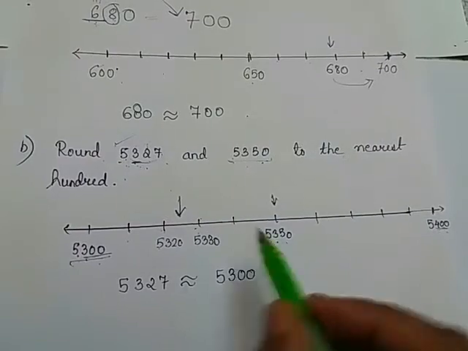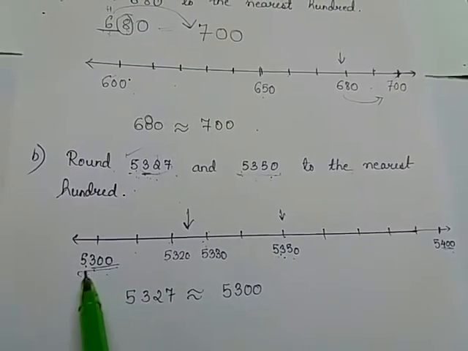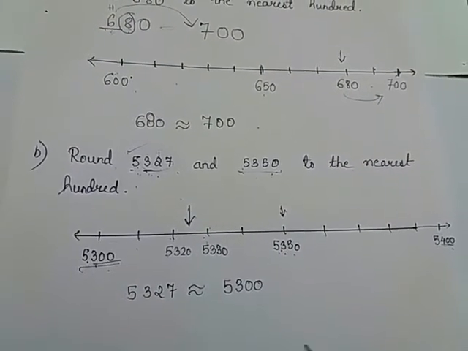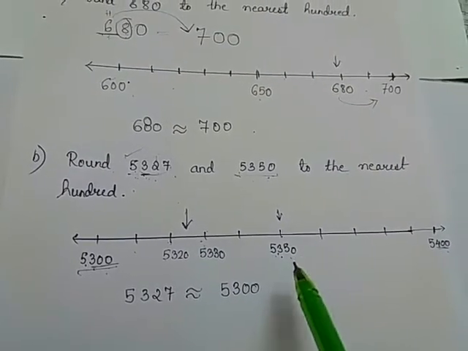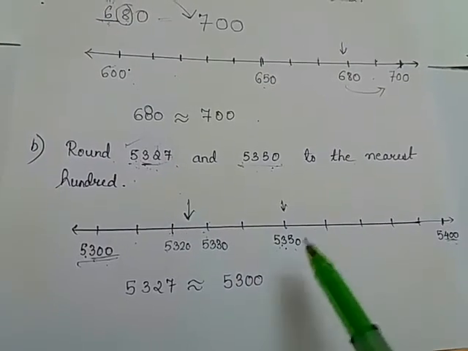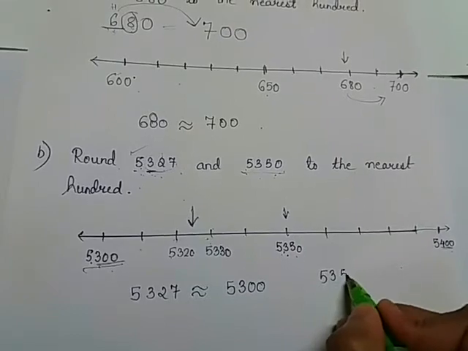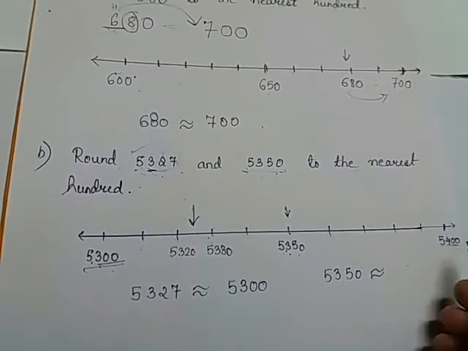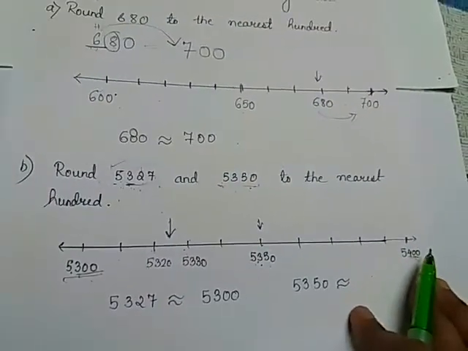Now we can see that this is halfway between 5300 and 5400. So 5350 is 5400 when rounded to the nearest 100. 5350 is nearer to 5400 when we round it to the nearest 100.